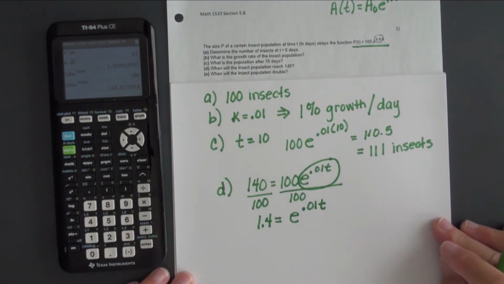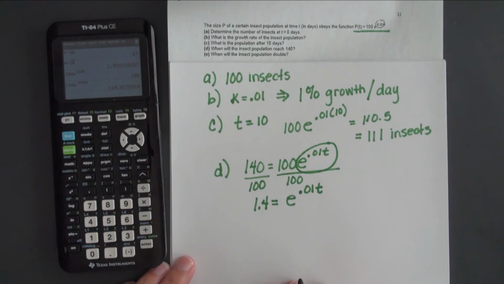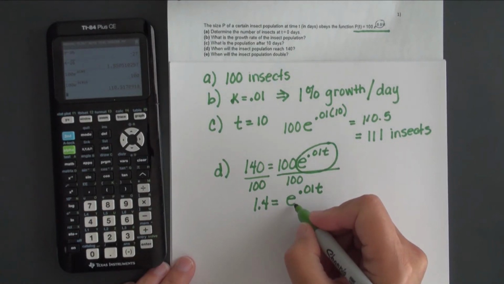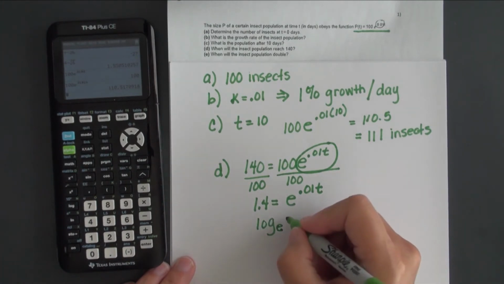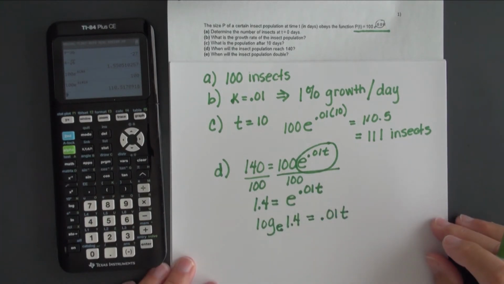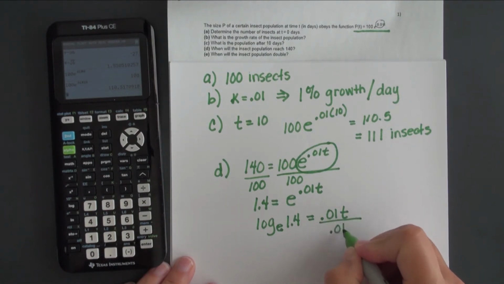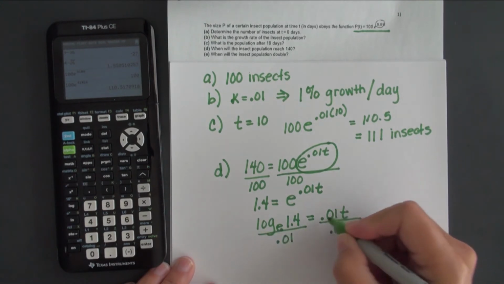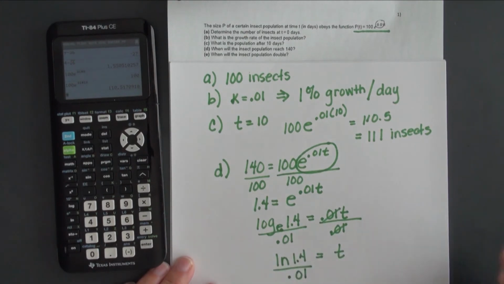And now that I have that exponential term isolated, I'm going to rewrite this in logarithmic form. And that would equal log base e of 1.4 equals 0.01 t. And then to solve for t, I will divide both sides by 0.01. t equals, log base e is the same thing as natural log, so that's ln of 1.4 divided by 0.01.